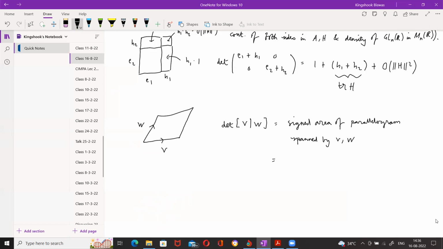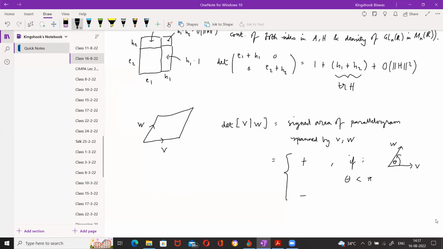So this is positive if I look at the anti-clockwise angle from V to W. So this determinant will be positive if theta is less than pi, right?